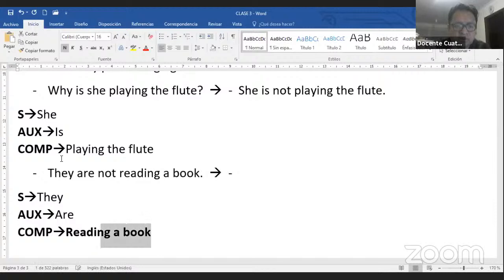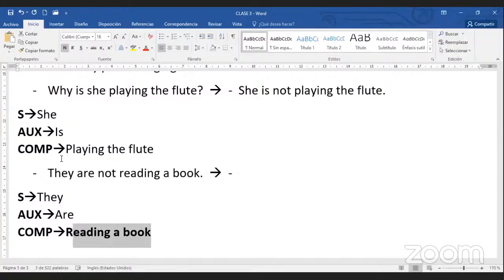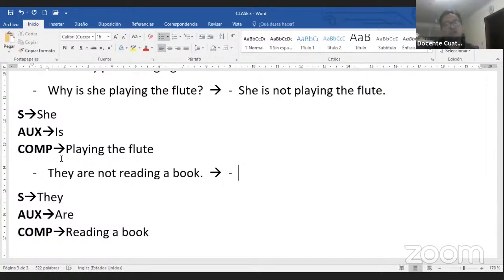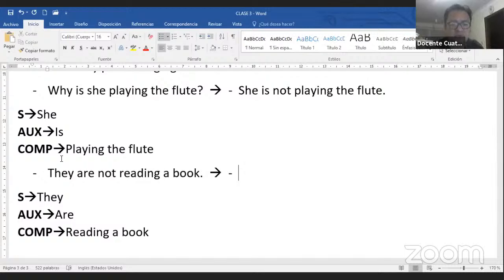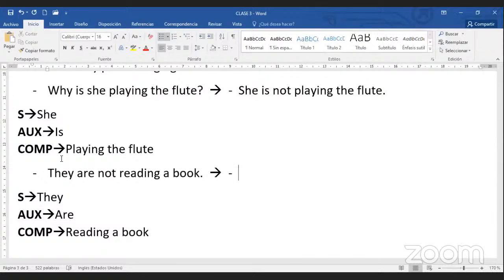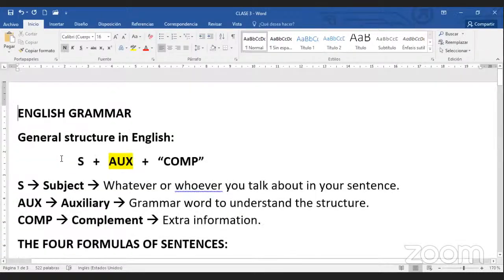Very good. A book. Okay, so now give me the closed question. Do you have the formula? Here it is.